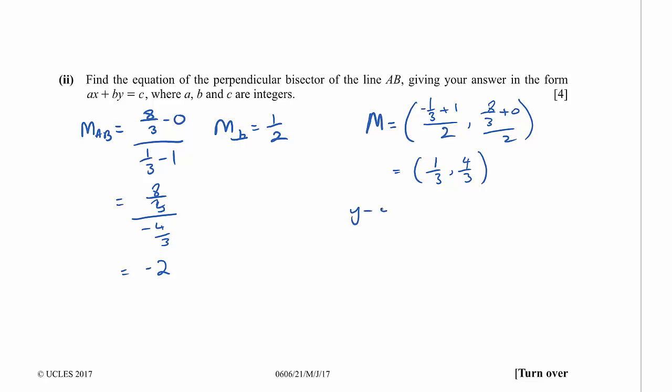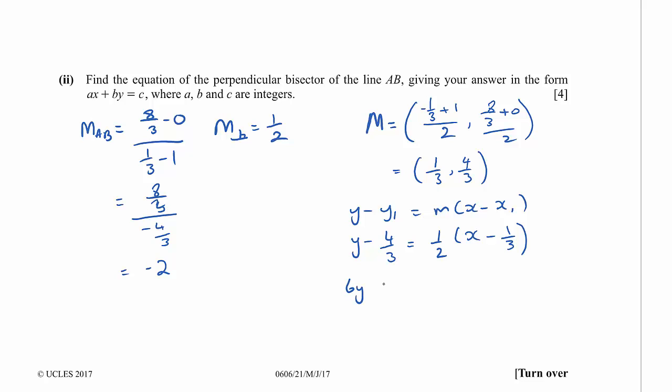So y minus y1 is equal to m(x minus x1). So we've got y take away 4/3 is equal to a half (x take away 1/3). Let's multiply through by 6.